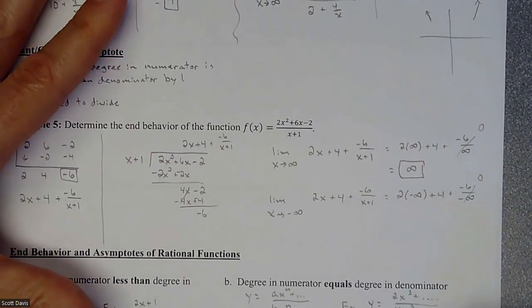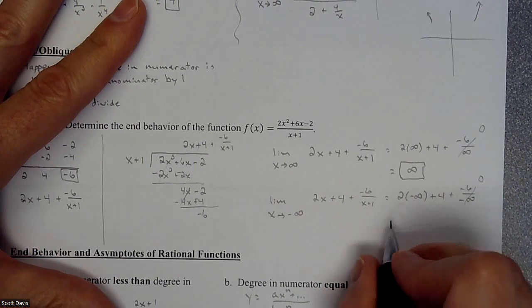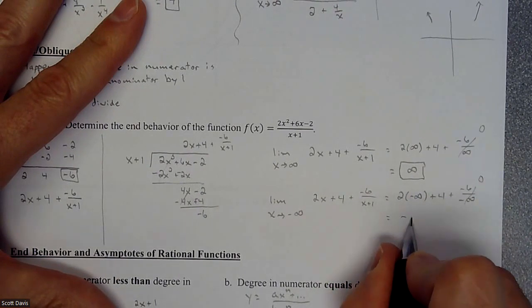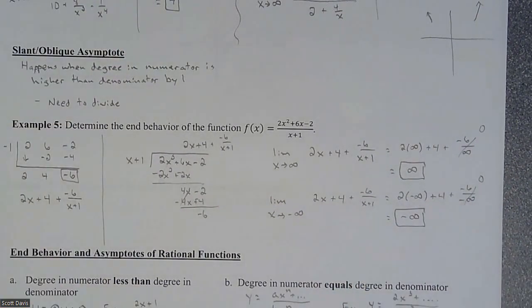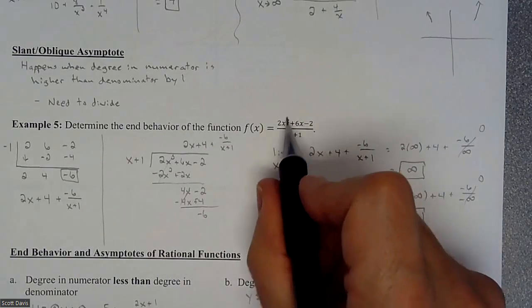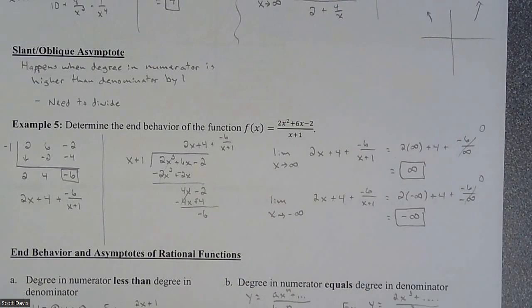It doesn't matter if it's positive or negative. That's pretty insignificant when you have a negative infinity onto that. So our overall end behavior, or our limit as x approaches negative infinity of this, would be negative infinity to the left, and to the right, positive infinity.